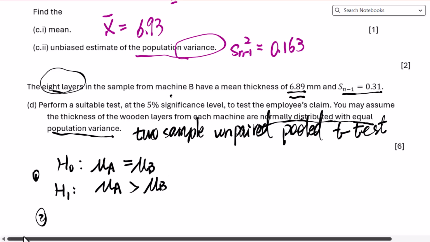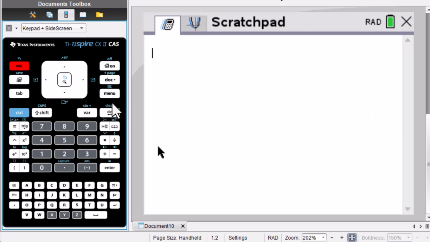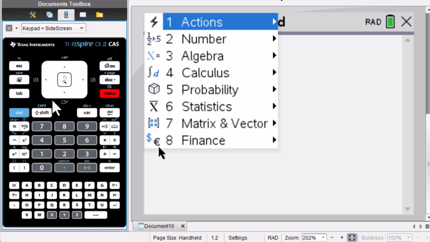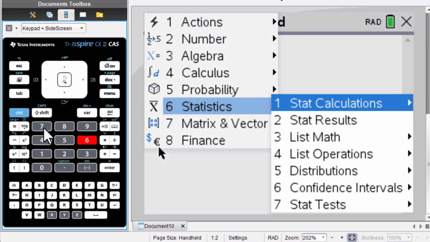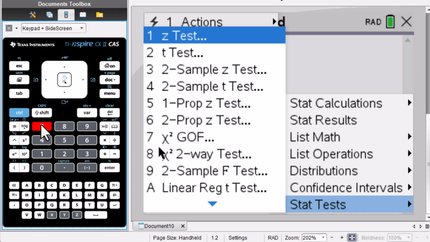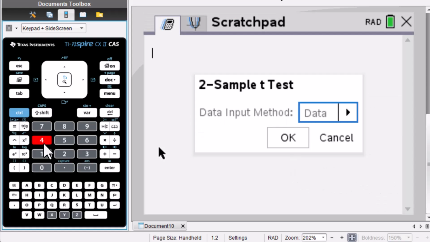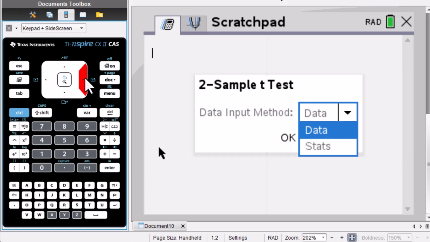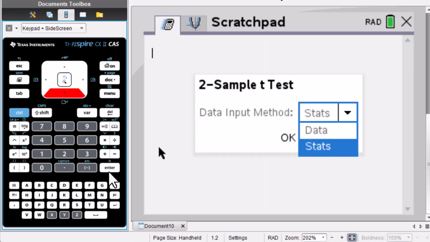Second step, we will put data into the calculator. Let's go to menu, go to 6, 7 to sample t-test. Then stats, not data.